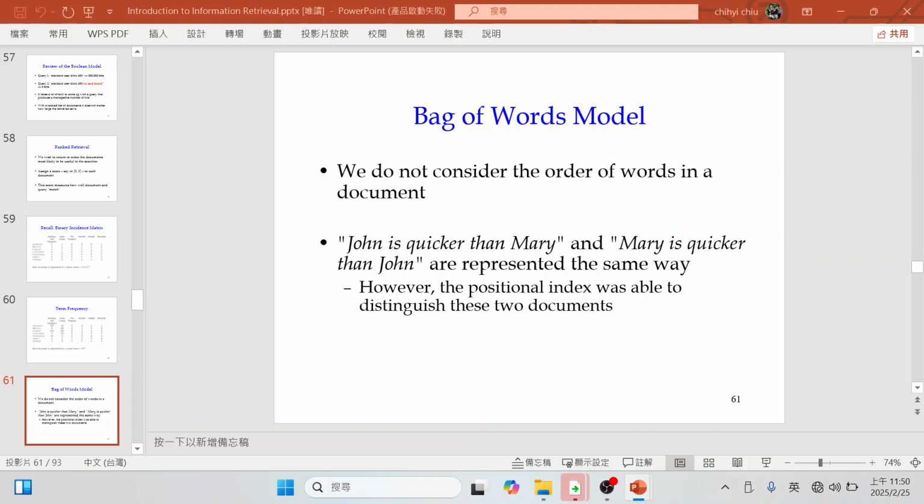If you count the two words together, then at the same time you keep the order between the two words. But we will not address it in today's lecture. We just keep it simple and only consider the bag-of-words model to count the frequency of each word.